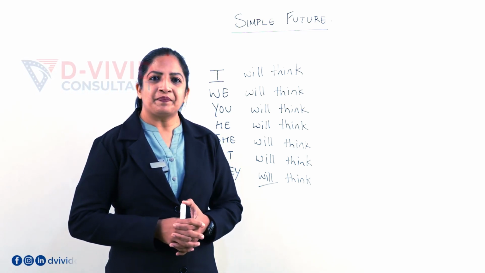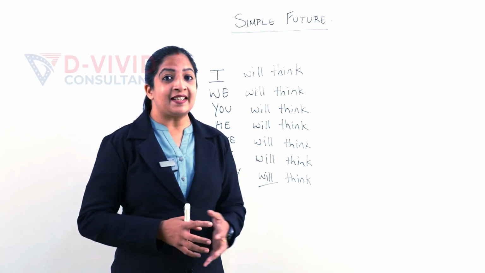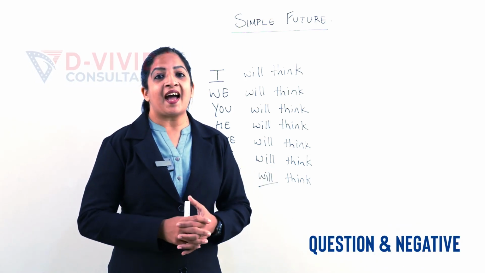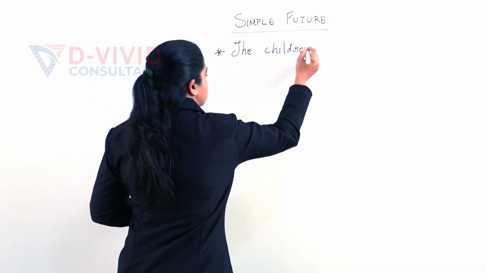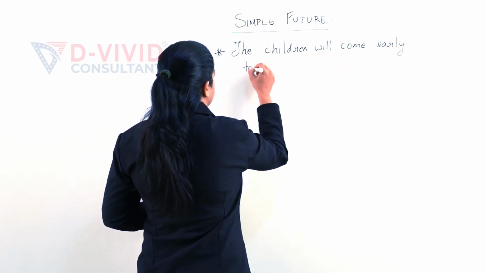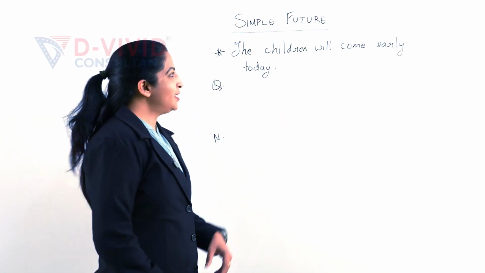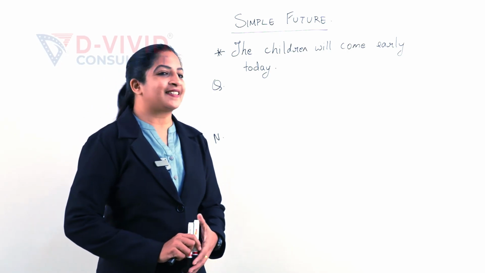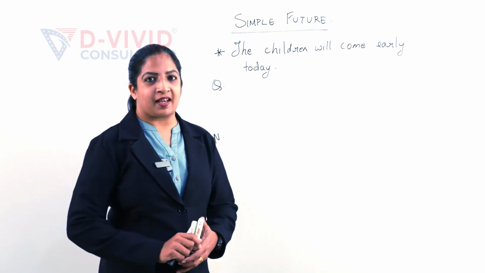Let us see how to convert a simple future sentence into a question and a negative. Okay, so here I have written a sentence. It says, the children will come early today.